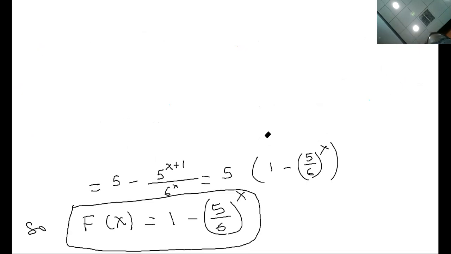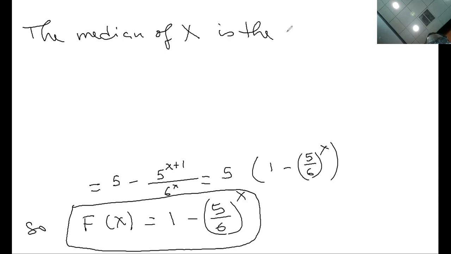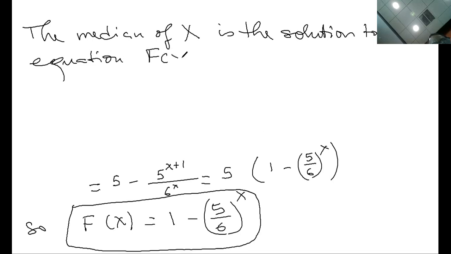So now we want to say that the median of x is the solution to the equation f of x equals half. I'm going to leave this one for you to try. I think you can solve that. If you set this equal to half, it will be 5 over 6 x equals half.